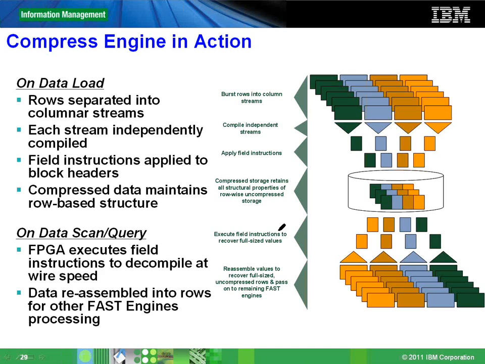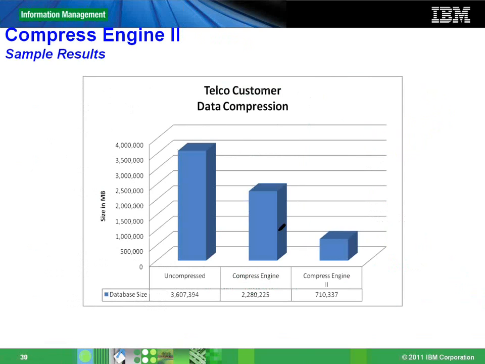On data scan or query, the FPGA executes field instructions to decompile at wire speed. The FPGA basically performs the I/O, gets compressed data into its FPGA cores, and does the decompression literally at wire speed. So there is little or no overhead because the data in the system is compressed.